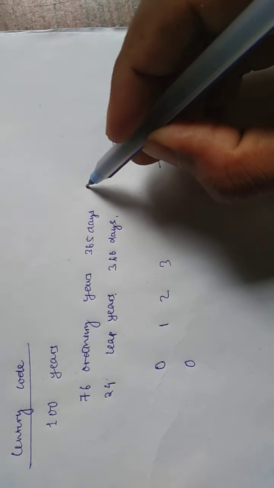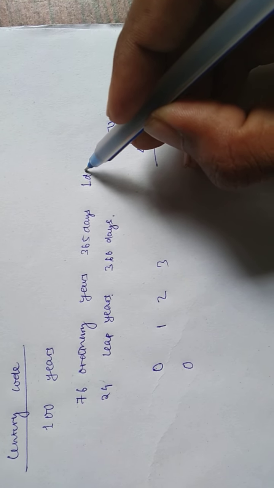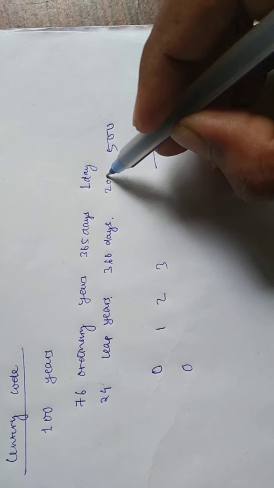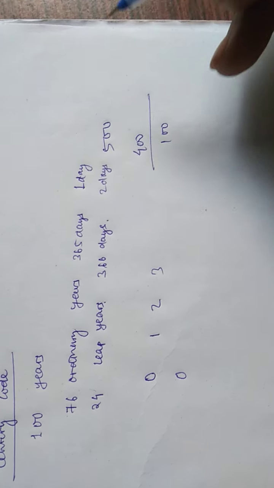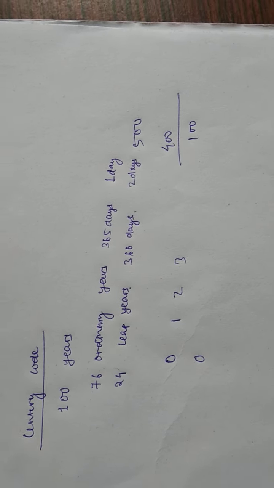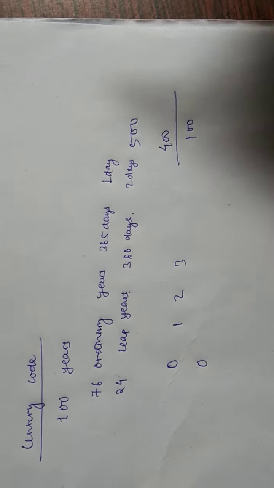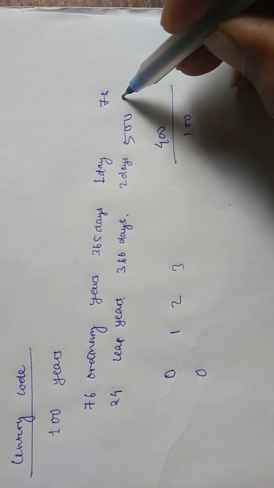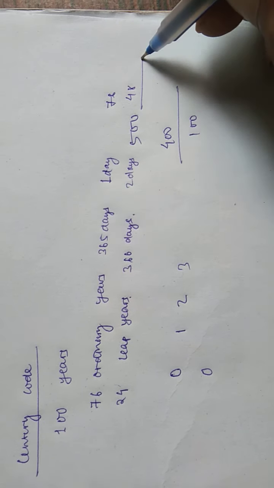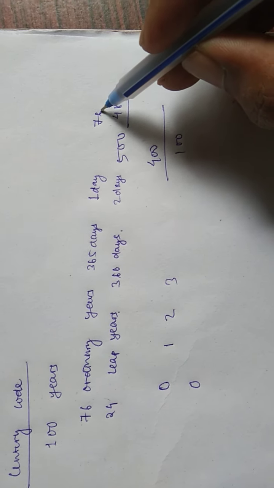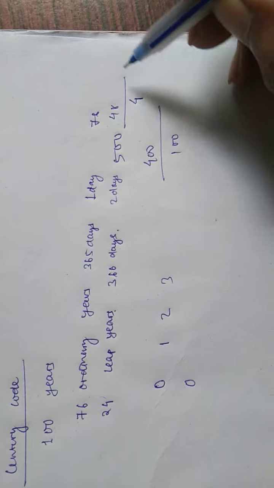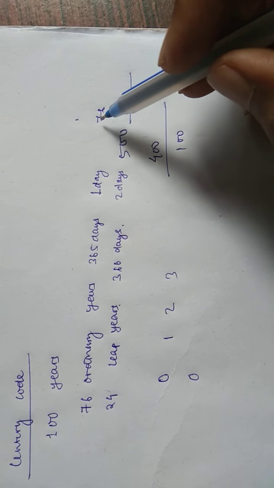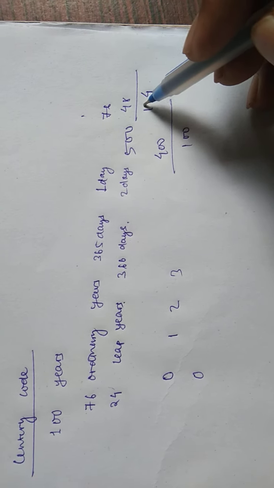Here one odd day each, and here two odd days each. On calculating, what do you find? 76 odd days, and here 24 into 2, 48 odd days. On adding this we get 124.